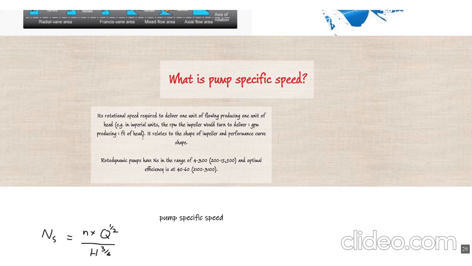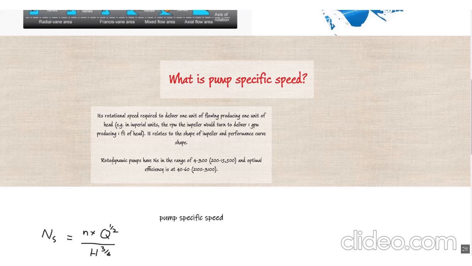So this is called pump specific speed. It relates to the shape of the impeller, as we have discussed before, and the performance curve shape. We will talk about how it tells us about the performance curve shape.